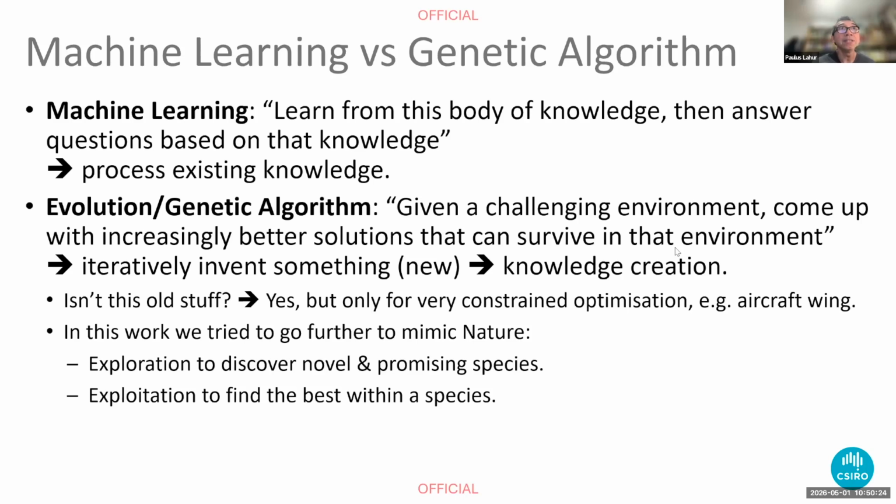So what we are trying to do in this work is to go further in mimicking Mother Nature. That is, to truly explore novel species and see whether they are promising in terms of performance, and then exploit, meaning find the best within that species.